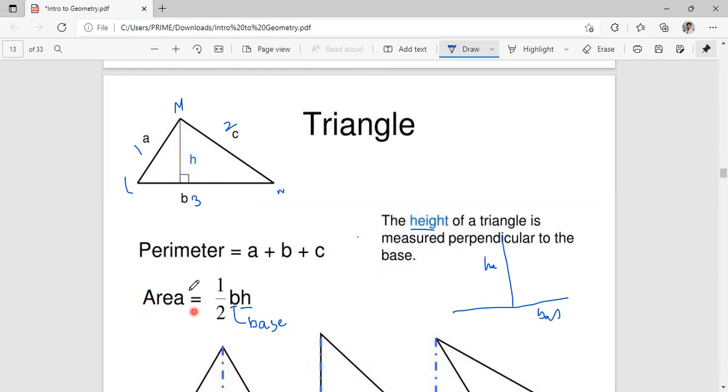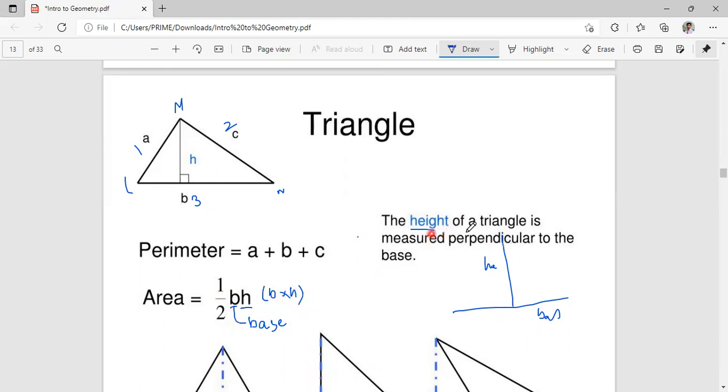Area will be half of the base times the height. We multiply the base with the height and by 1 over 2. This is half of the base into height.